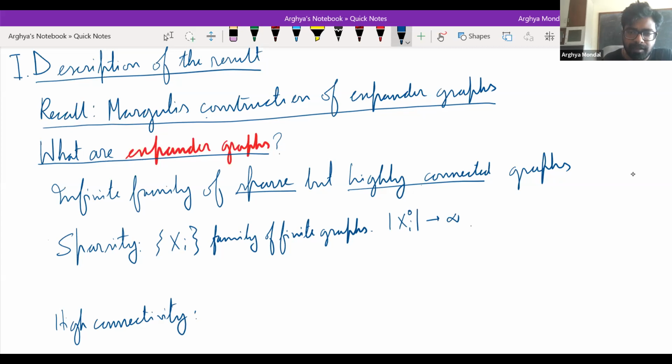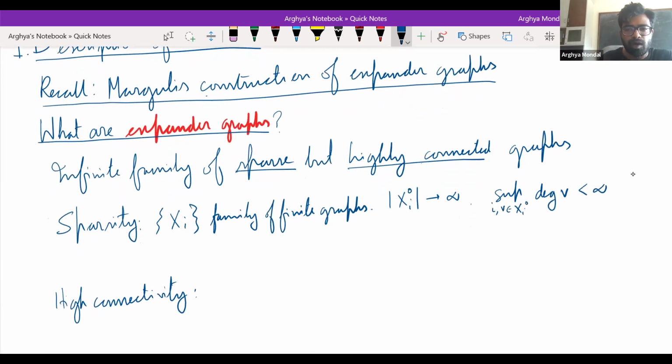But the sparsity means that even though the number of vertices go to infinity, the number of edges coming out of a particular vertex remains bounded. So degree of V, I take supremum over all i and all V belonging to xi0, that is bounded.